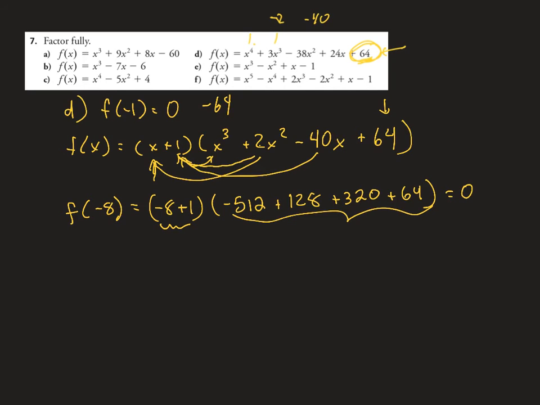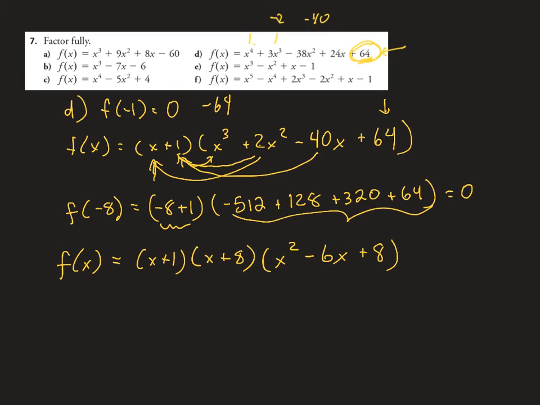That's beautiful. All right, so that means that f of x has a factor of x plus 1, and x plus 8 was another one. And this one will be easy now. We're down to a quadratic, so this gives me x cubed plus 8x squared minus 6x squared minus 48x plus 8x plus 64.